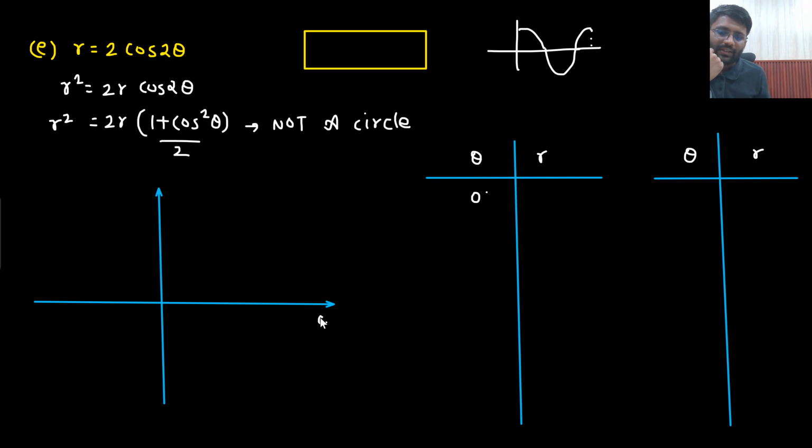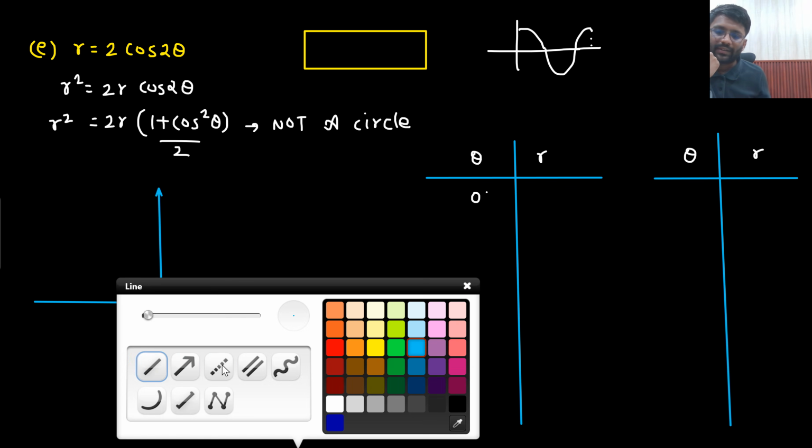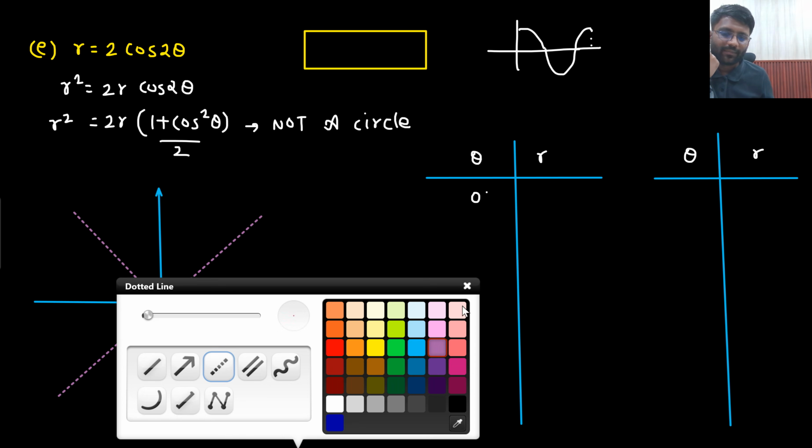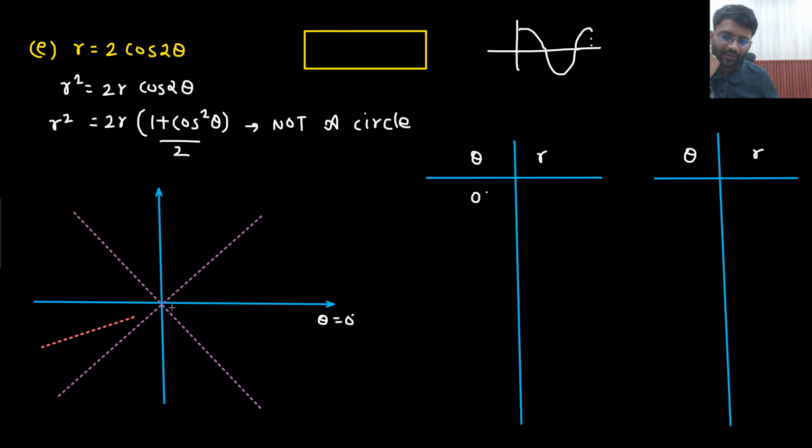So let's get started. Where is theta equals 0 degree? Let's make theta equals 45 and so on. These values we are making, and along with that, a few more values in between I will make this time.